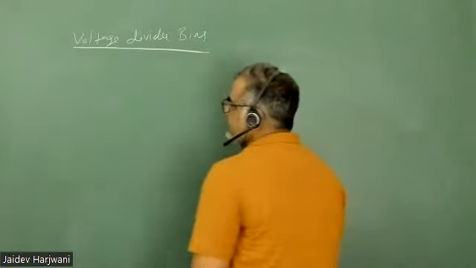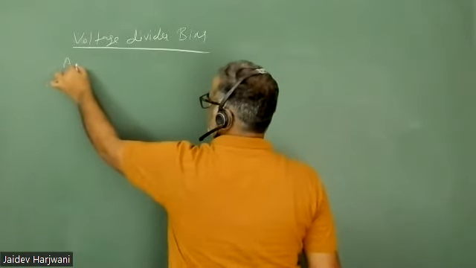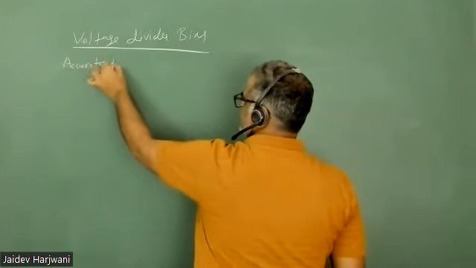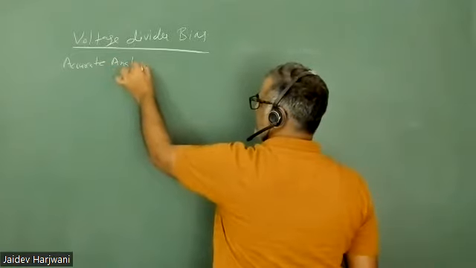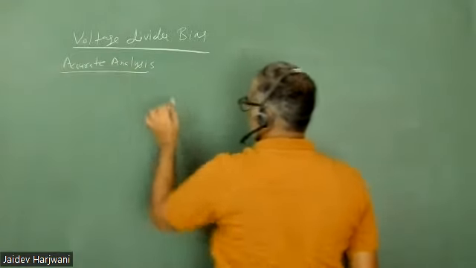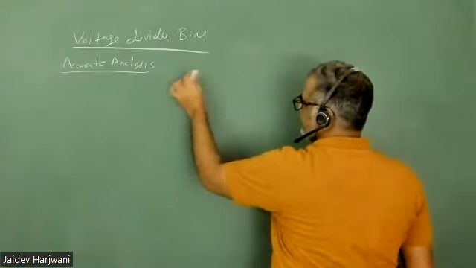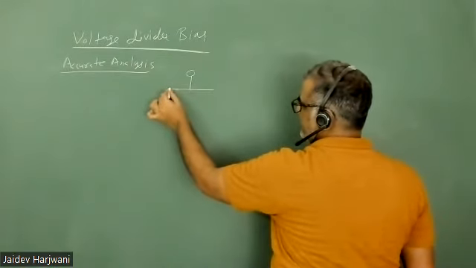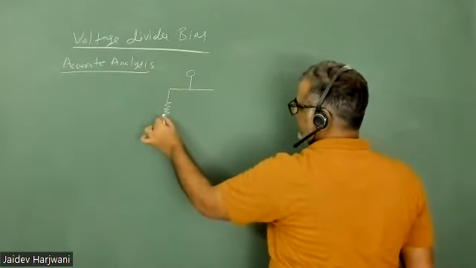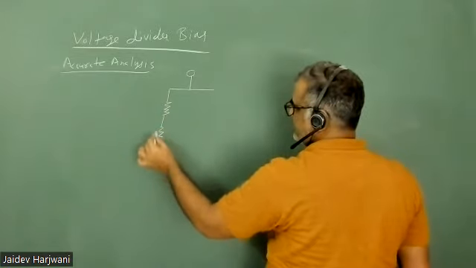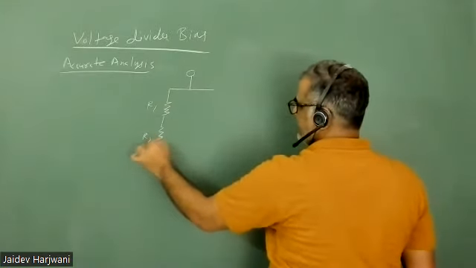So now accurate analysis. What will happen? You have a voltage divider circuit, R1, R2.